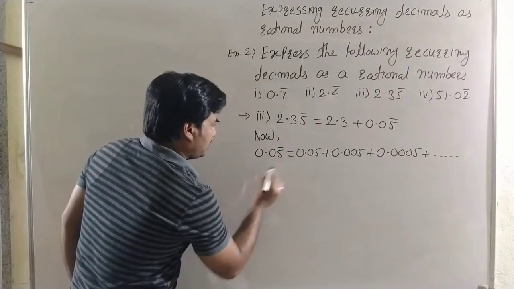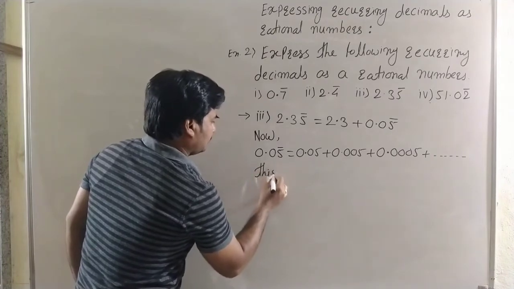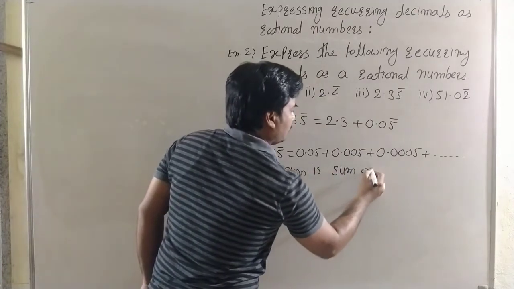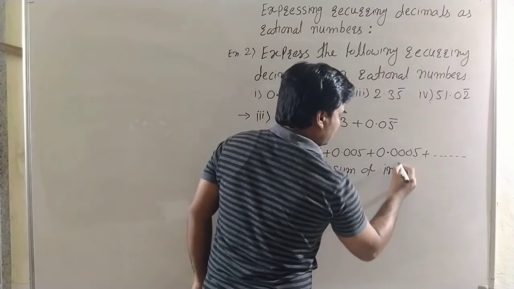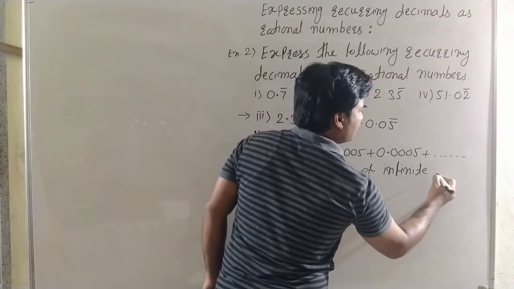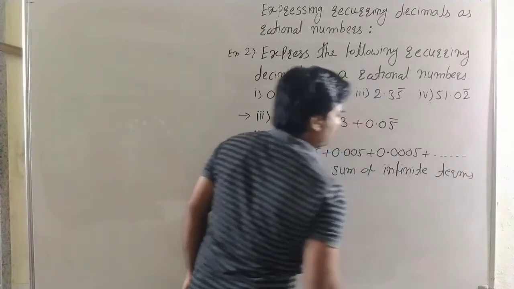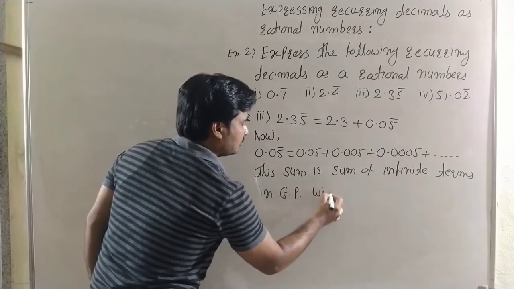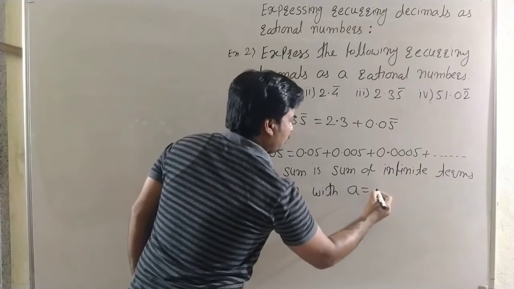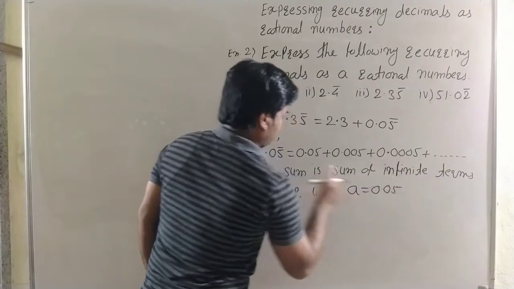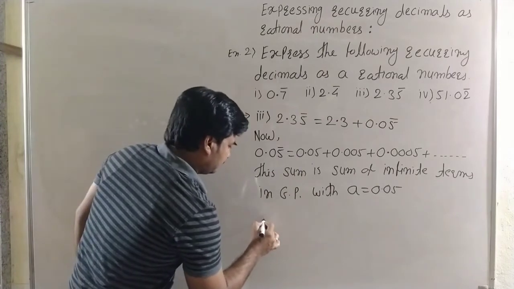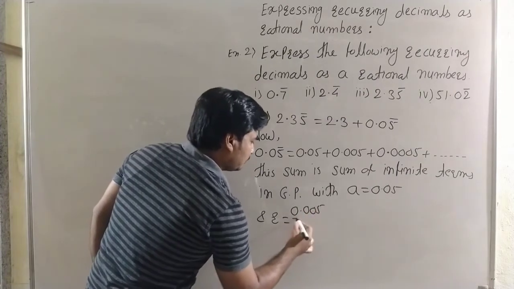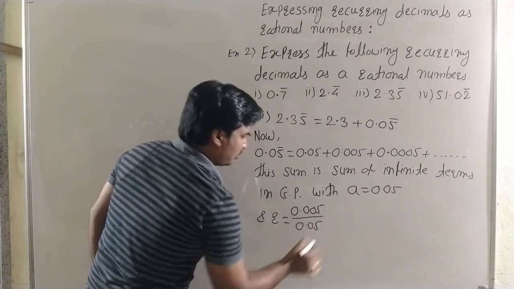Therefore this is the sum of infinite terms in a geometric progression with a equal to 0.05, that is the first term, and r is equal to, see carefully, 0.005 upon 0.05.